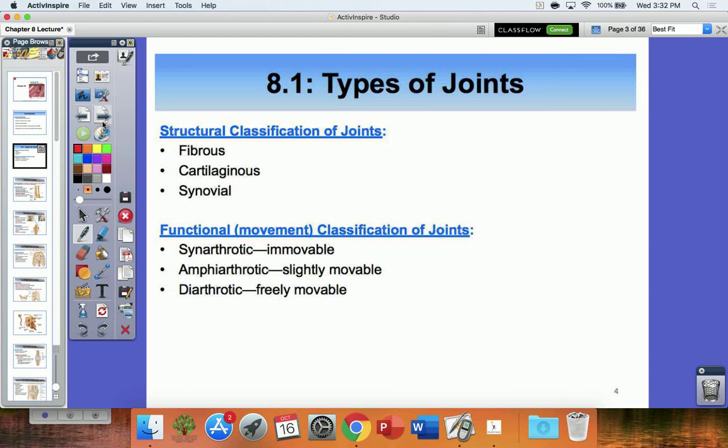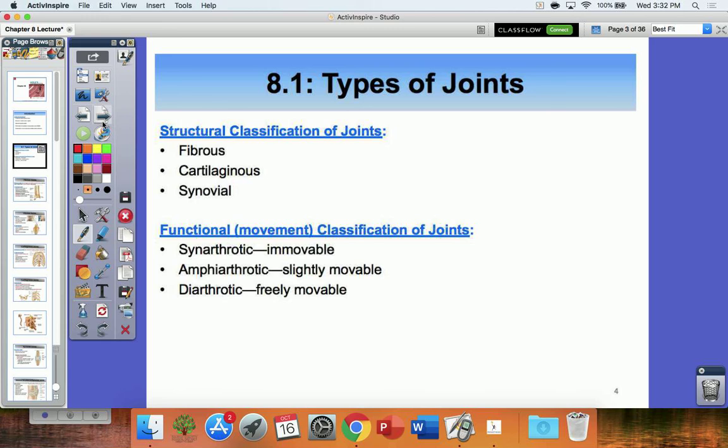So there are a couple ways that we can classify joints. We can first classify them structurally, and then we can classify them as how they move and how they function. So when we talk about structural classification of joints, we are specifically talking about what helps to make up that bone joint, like specifically what's holding it together.